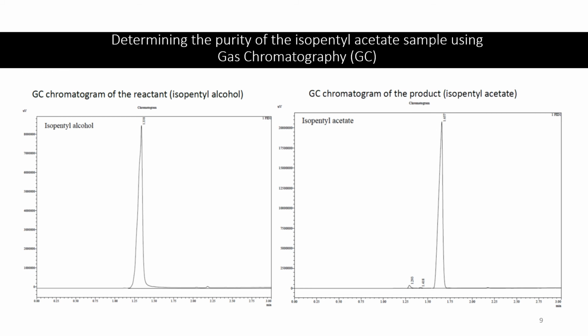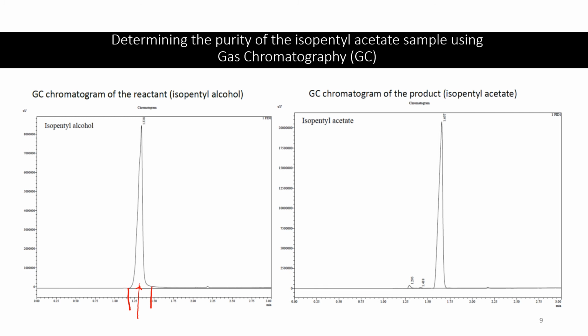Here we have the GC spectrum for isopentyl alcohol by itself. And we can see that it has a peak between 1.25 to 1.5 minutes.